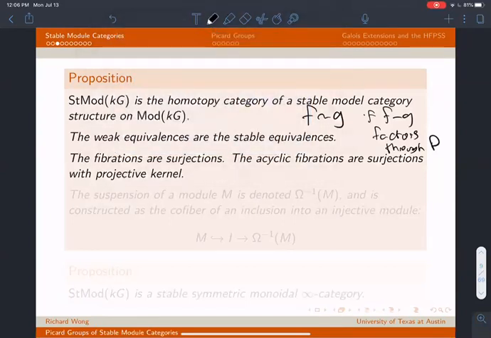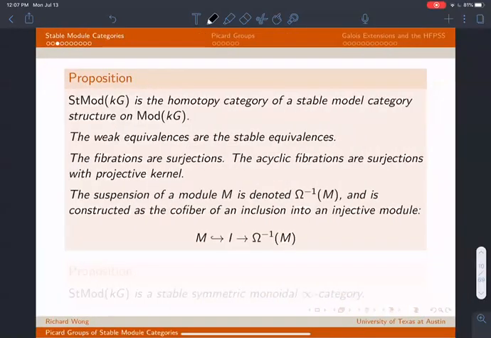And the acyclic fibrations, the maps that are both fibrations and weak equivalences, are the maps that are surjections with projective kernel. So these two things tell you what the model category structure is on KG modules. And of course, to be a stable model category, you also need a notion of suspension.